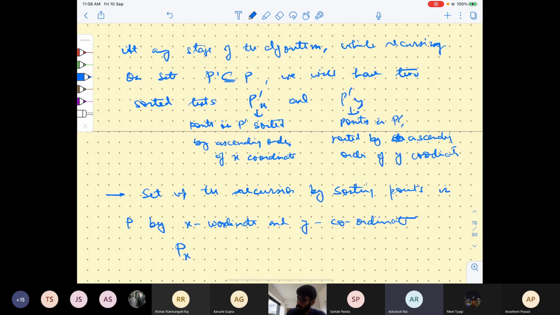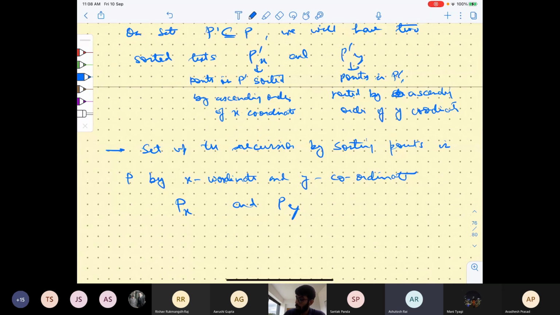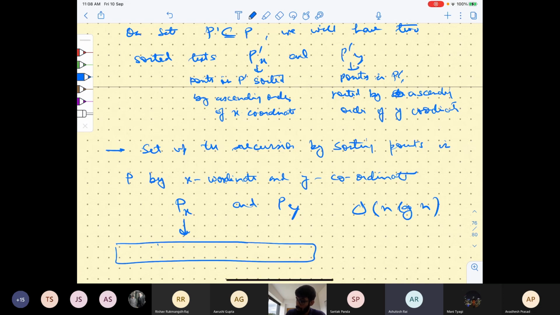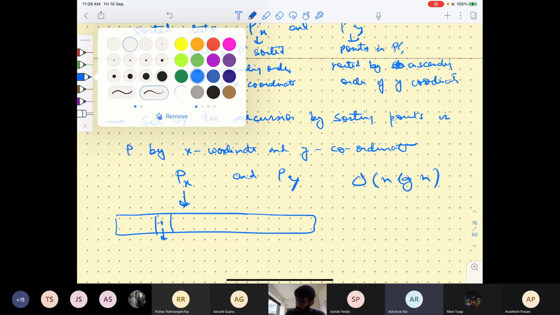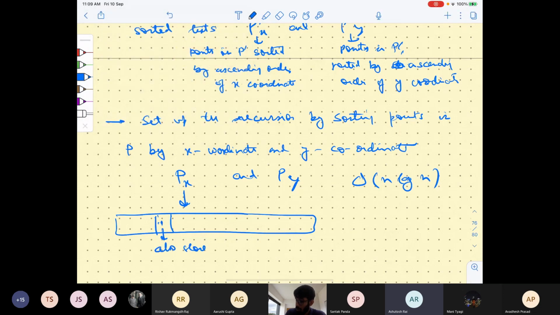And call those orderings Px and Py, as we have said. And this takes how much time? Order n log n, right? Because we are just sorting. And in the Px array, we'll also store the position the point is in Py.